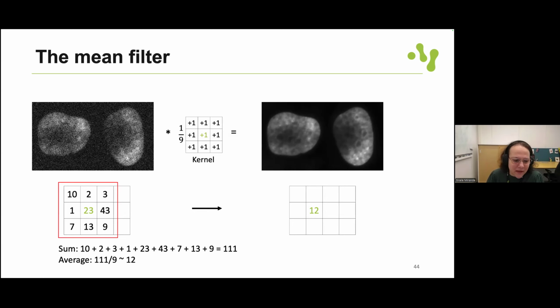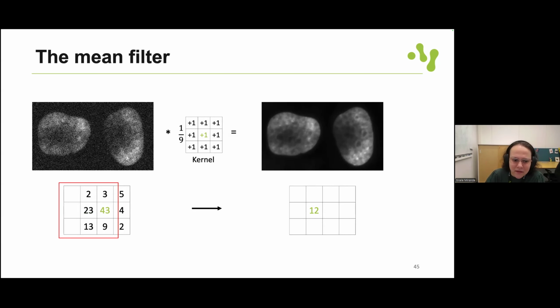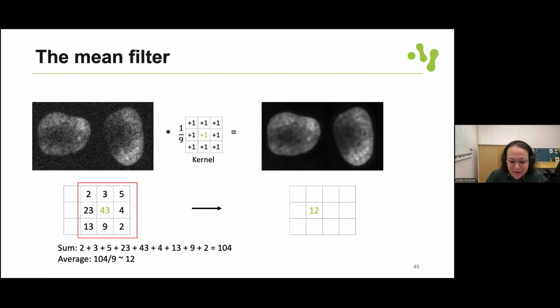With the mean filter, you're actually taking the average of this neighborhood. So again, this value that was originally 23 is now 12. So the effect is that you have a smoother version of the image at the end. But we do this for every pixel in the image. So again, we analyze the neighborhood, and then we have the new value for this pixel here, the 43.